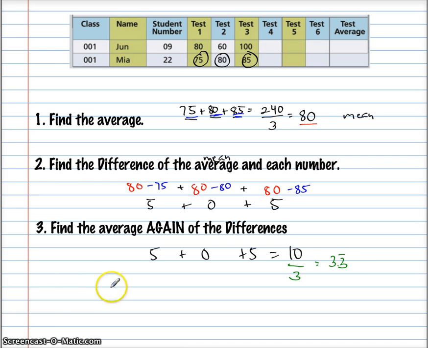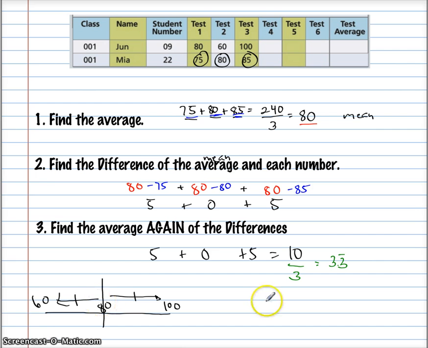If you saw these on a graph, with an average of 80, June's numbers would be at 100, 80, and 60, which is 20 away, 20 away, and on average about 13.3 away.